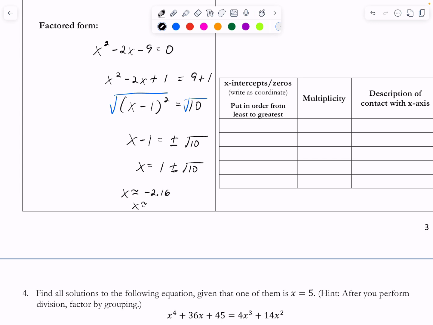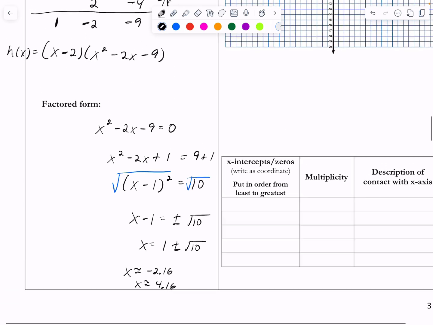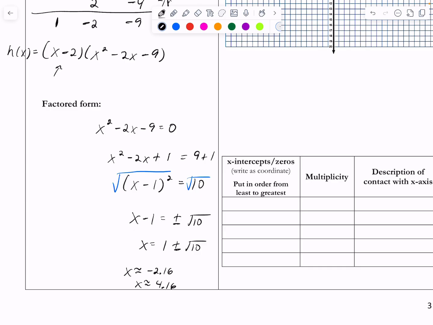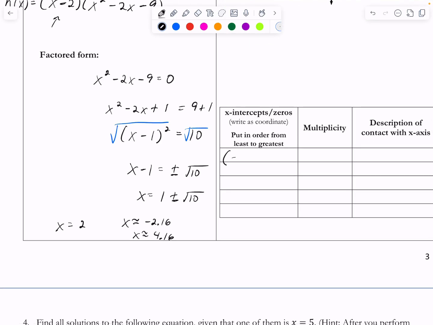And the other one, when you have 1 plus the square root of 10, is going to be approximately 4.16, okay? And the other one from my factored form gives us a value of x equals 2. So in order from least to greatest, negative 2.16, we have 2, 0, and then 4.16.